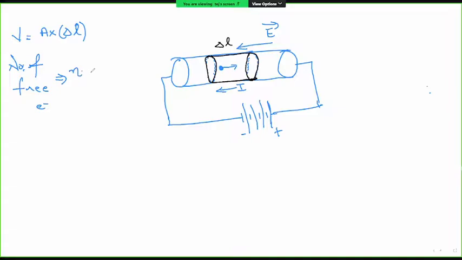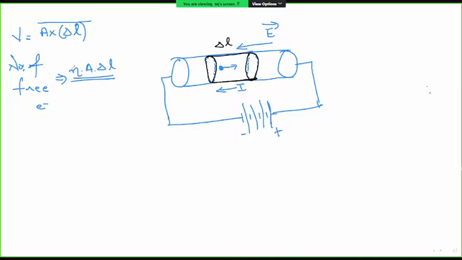So I am telling n number of electrons are flowing in that volume. So can I write the number of free electrons as nothing but n into V? But I know the value of volume. What is the value of volume? A into delta L. So the total number of free electrons passing in that black part is n into A into delta L.